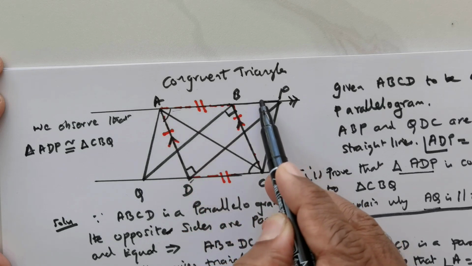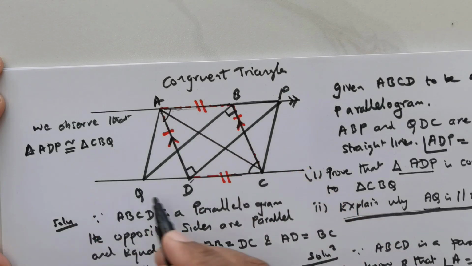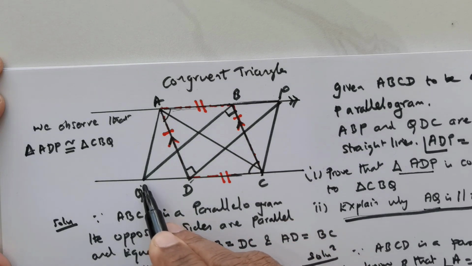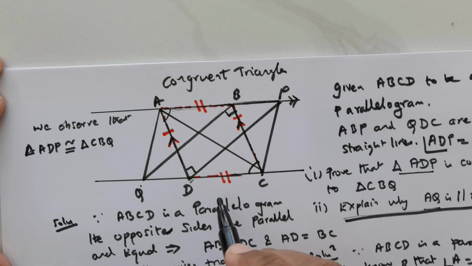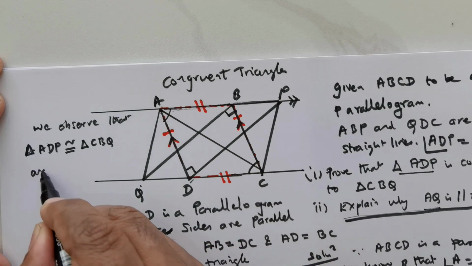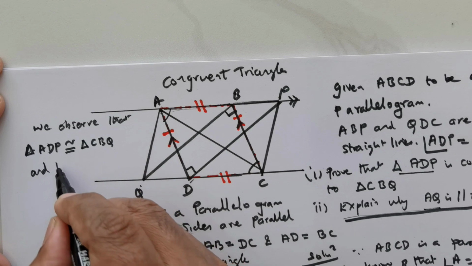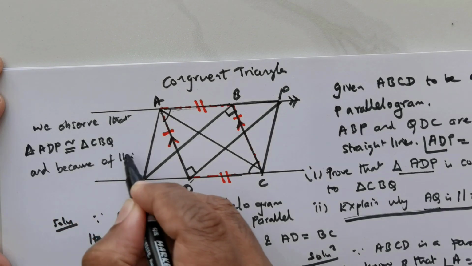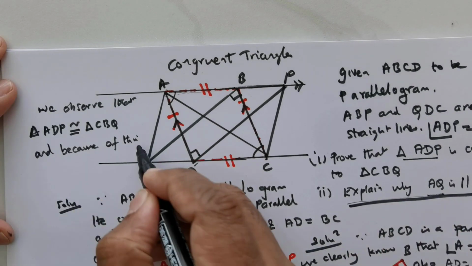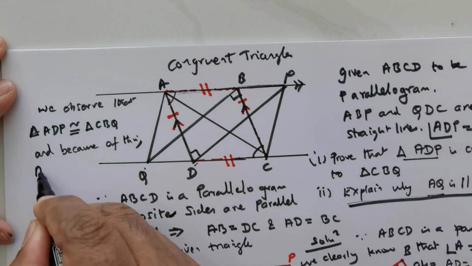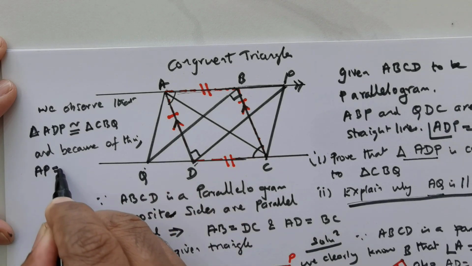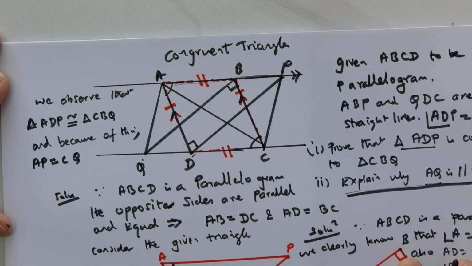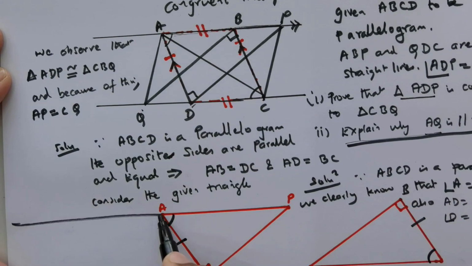So this side AP and this side CQ, they are part of the congruent triangles, and because of this, AP is equal to CQ. How do I say that? I'm giving you the reason.